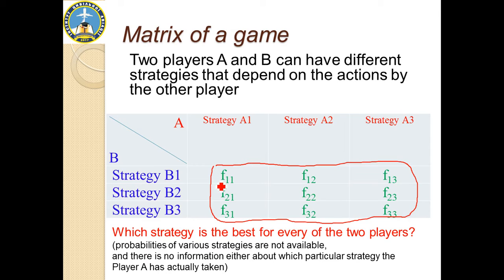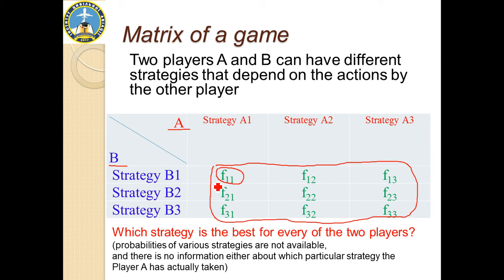The payoffs, this F sub 1 1, F sub 2 1, F sub 3 1, these individual numbers are represented with letters and with some subscripts. They represent individual payoffs, which could be, say, payoff for player A, and at the same time this is the loss for player B.